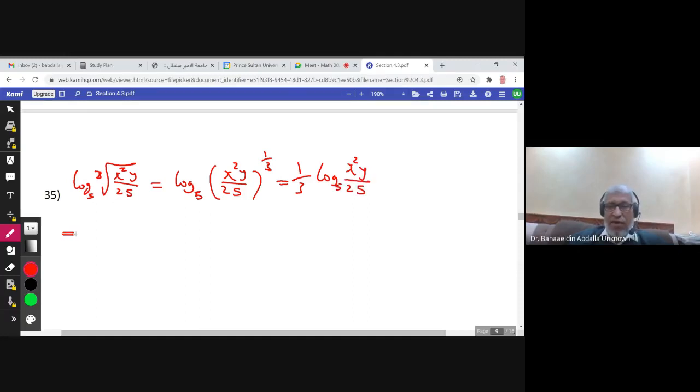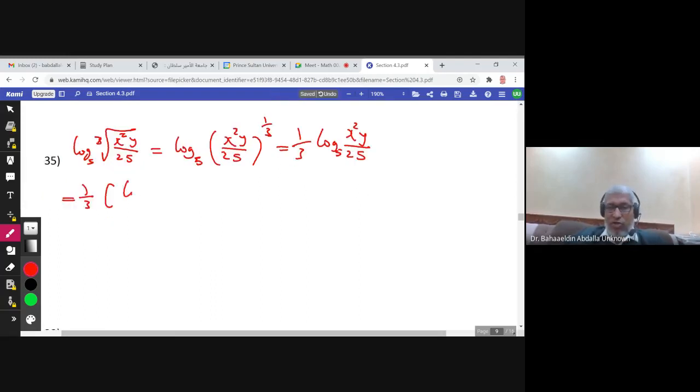And now you can write it 1 over 3 times. Now you can use the quotient rule: log x square y to the base 5 minus log 25 to the base 5. But then you can use the power rule and the product rule if you like. So you can write it 2 log x to the base 5 plus log y to the base 5 minus log 25 to the base 5, which is 2 because 5 squared is 25.